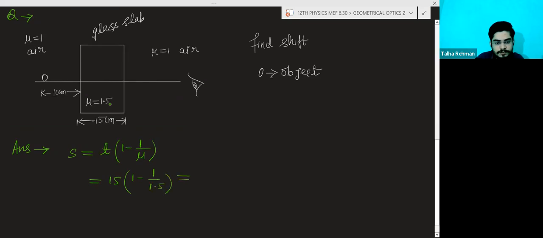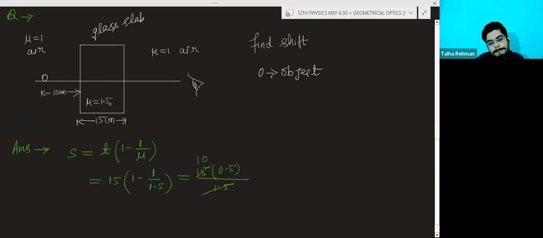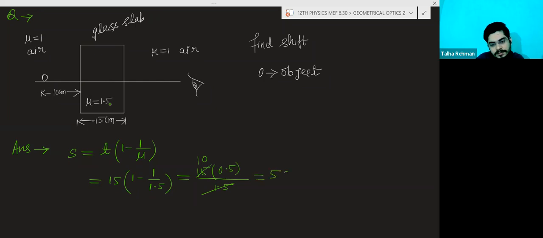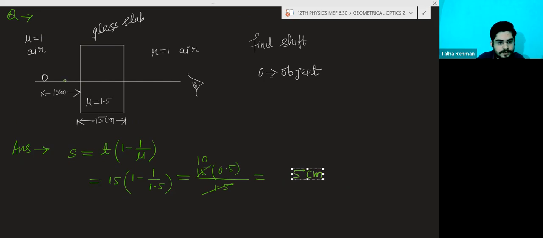So it will be 15, and here 1.5 minus 1 will be 0.5, and here is 1.5. When you cancel this out, it will be 10, so it will become 5 centimeter. 5 centimeter shift means initially the object is here, but finally the image of this object will appear here. So this will be the shift of 5 centimeter.